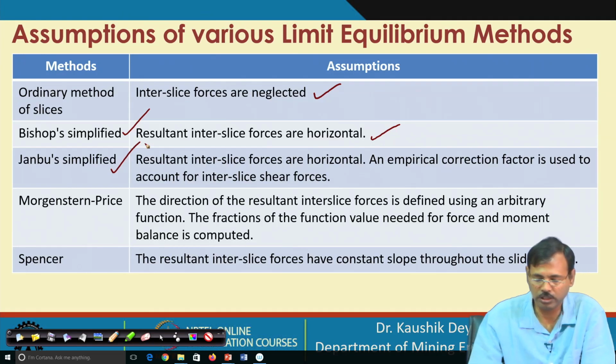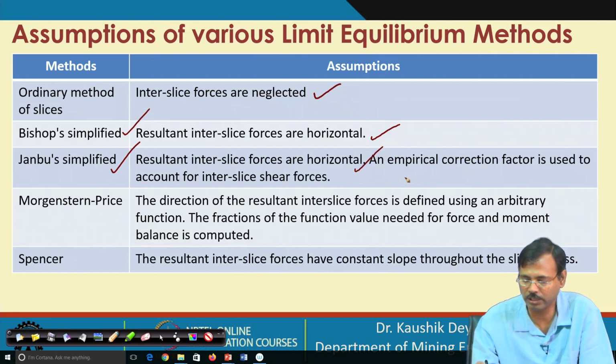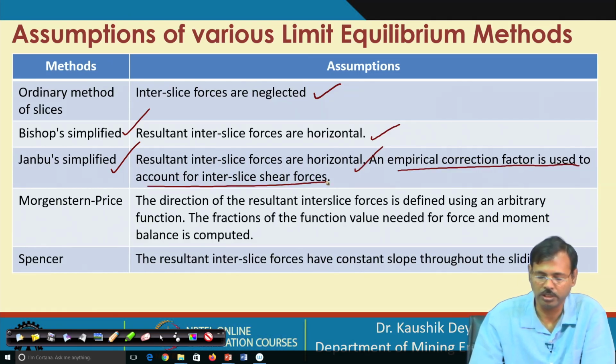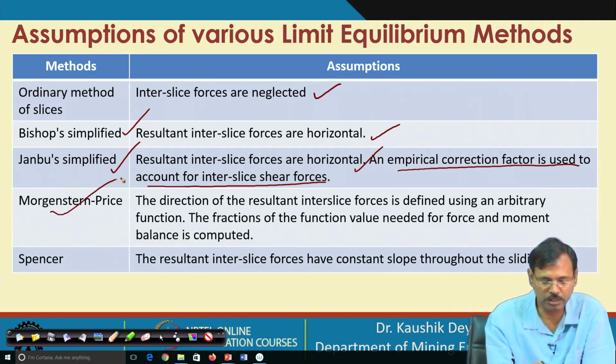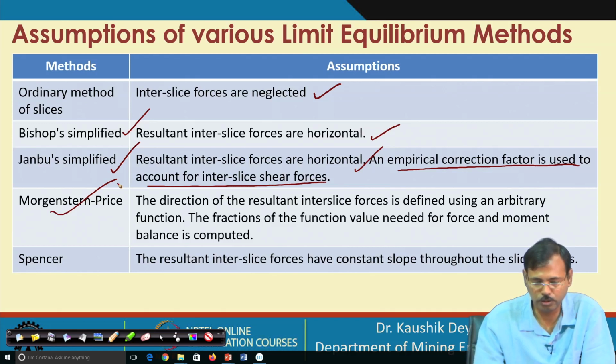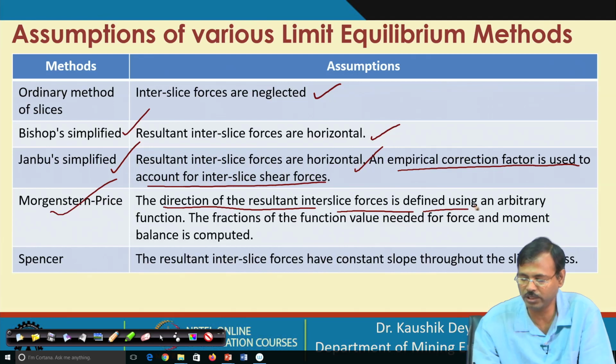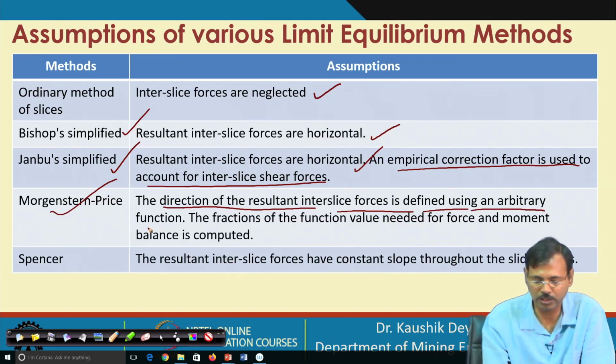When Janbu's method is used, the resultant interslice forces are considered horizontal and an empirical correction factor is used to account for interslice shear forces. When the Morgenstern-Price method is used, the direction of the resultant interslice forces is defined using an arbitrary function.